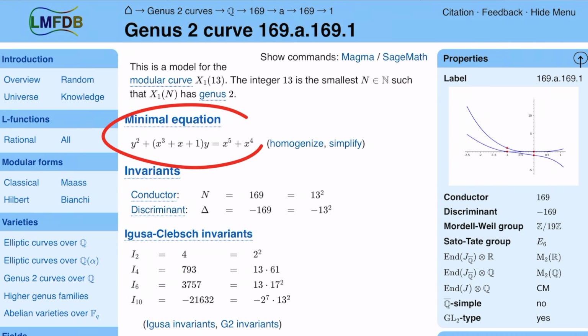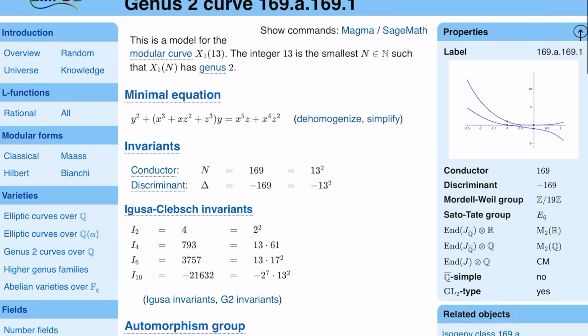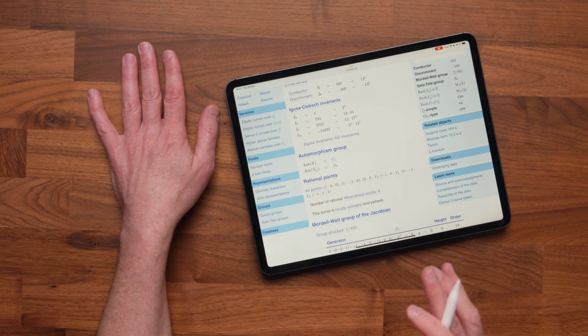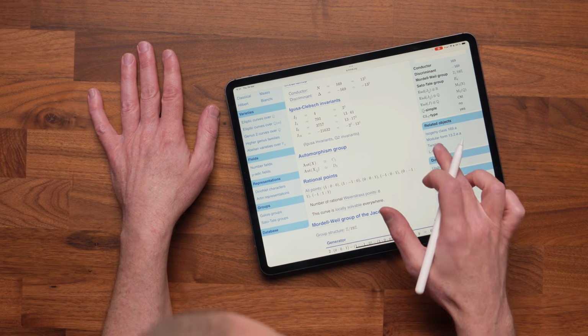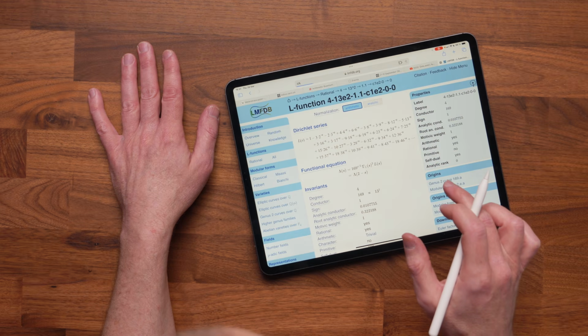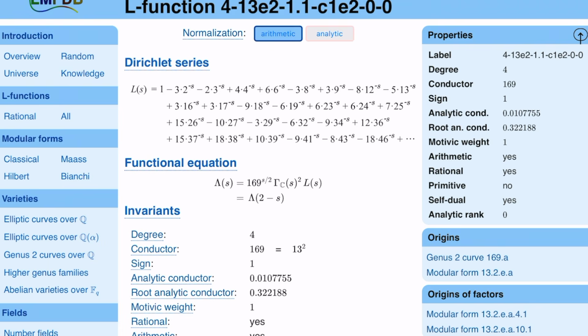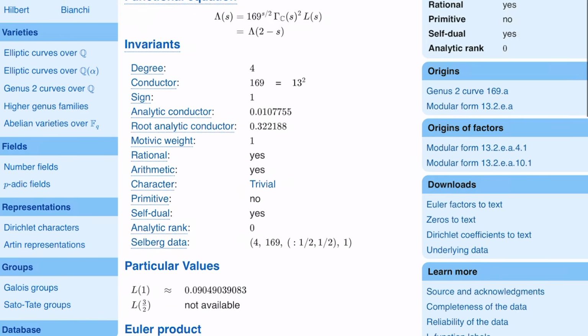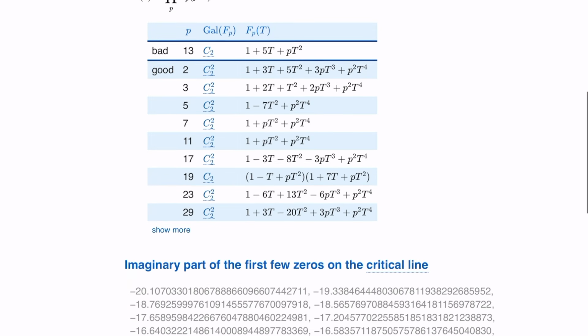You see the equation here. You can choose to homogenize it. But now go to the L function in the right-hand menu. And then scroll down to the Euler factors.